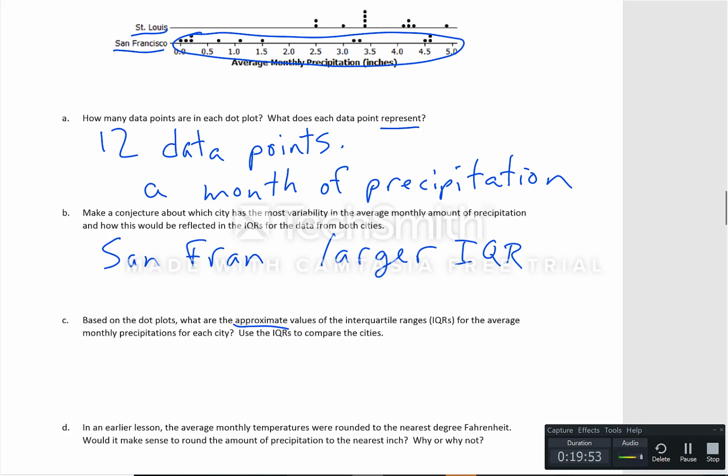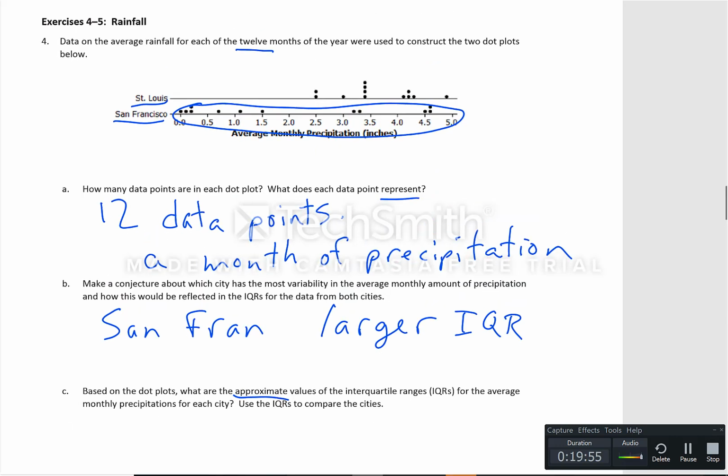What I'm going to look for is, since there's 12 data points, it's going to be split at about 6 for the median, and then about 3 and about 9. So about 3 for St. Louis would be maybe 3 inches, and about 9 would be about 4 1/4.